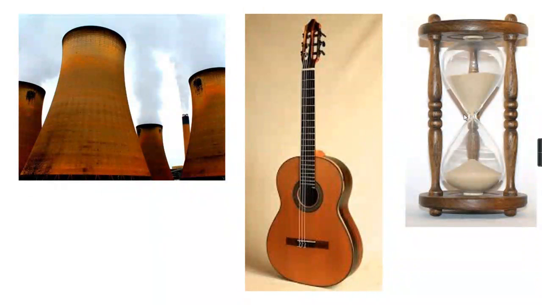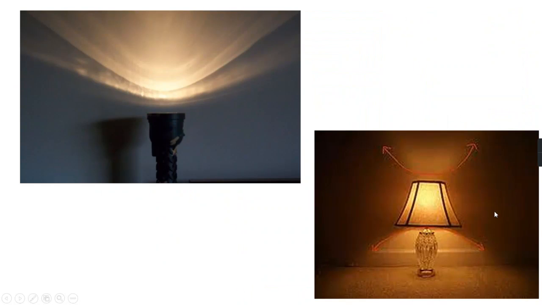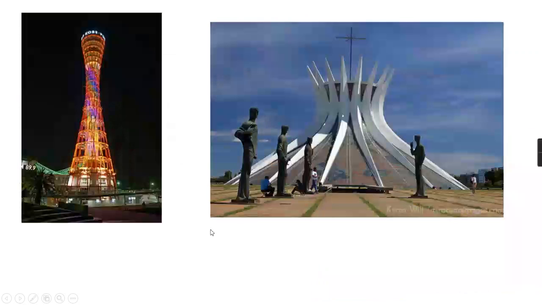Then the best example is that at your home, whenever you switch on the lamp, you can see it is making a hyperbolic curve. Or you can also see it by using a torch. And here are some civil engineering examples, and you can see how the hyperbolic curve is used to create the tower.